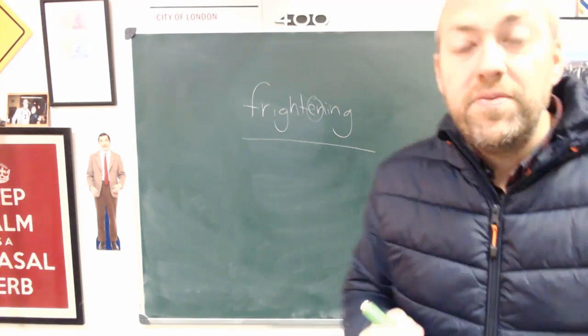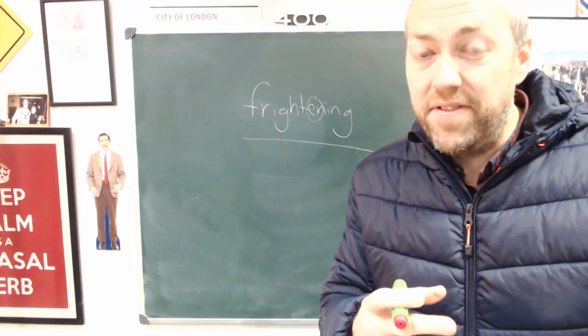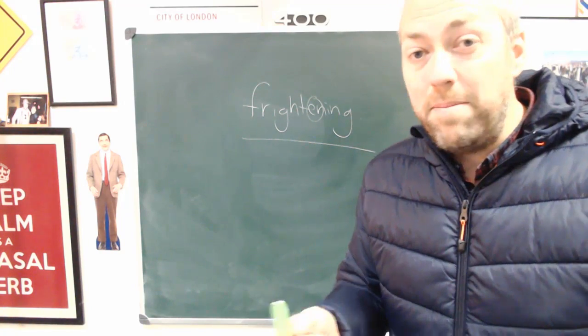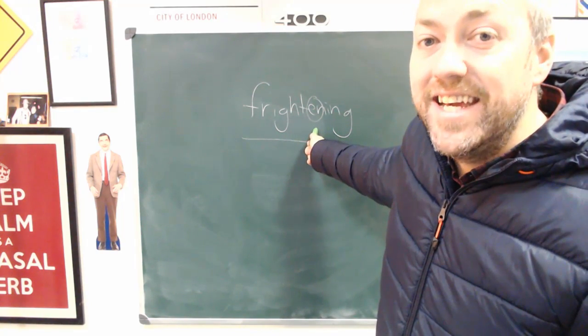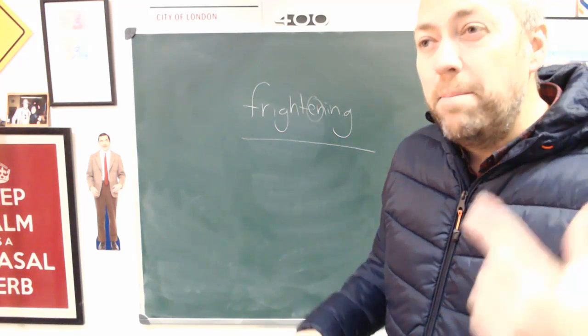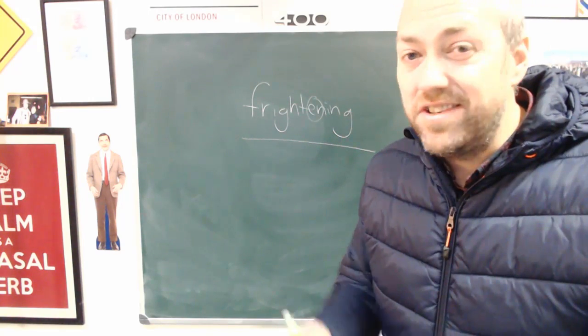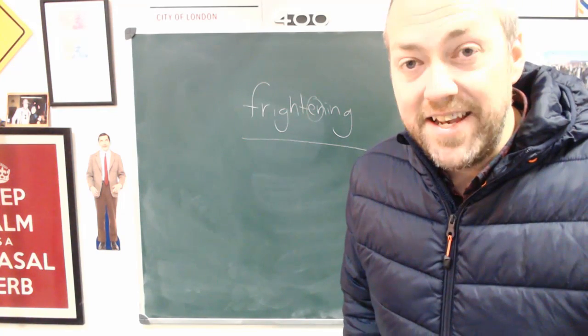Some dialects would emphasize this more than others. So maybe some people would say frightening, so you can hear the E. But in other dialects, the E would be eliminated. Frightening.